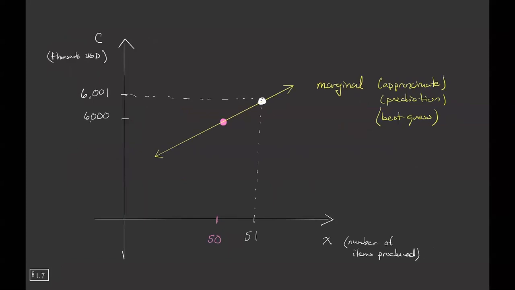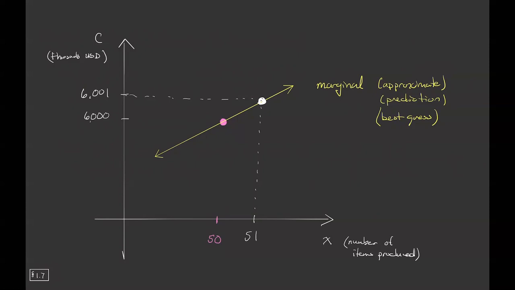So let's say, as a little bit more specific example, we've got 50 units and the cost of producing 50 units happens to be $6,000, so $6 million. Now, what you would like to know is how much will it be to produce 51 items instead?